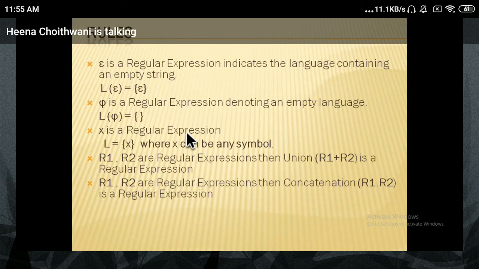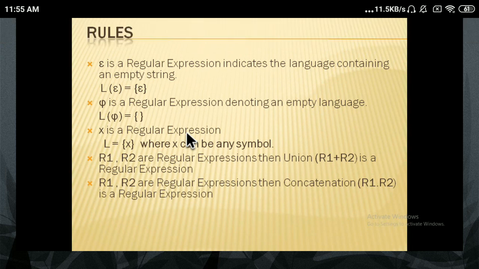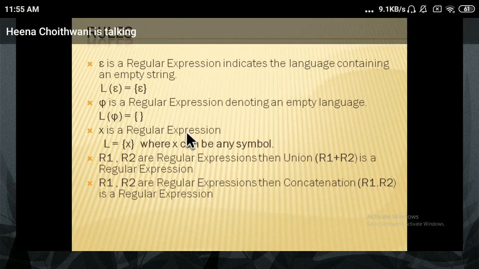Now suppose my symbol is A in my R1, and R2 contains a symbol B. If we concatenate R1 and R2, what will be the output? Will it be AB? So can we say AB is also a regular expression?